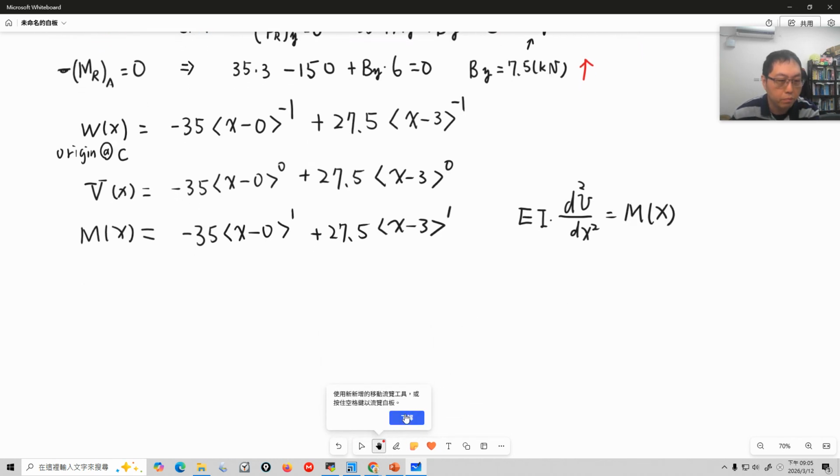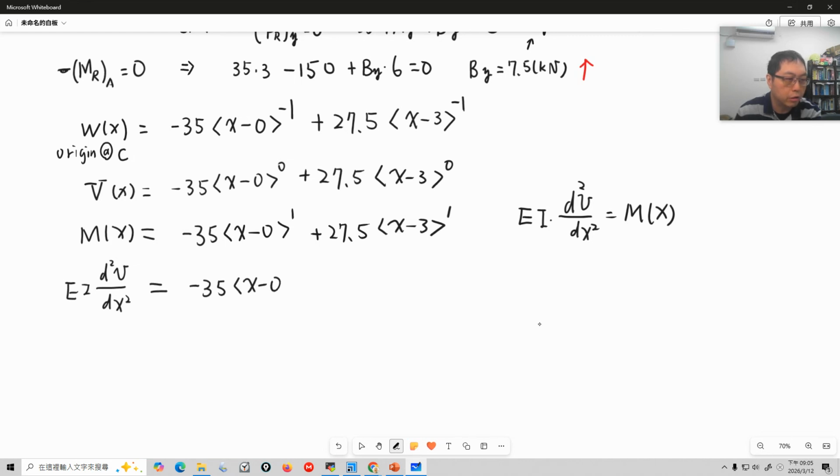So let's write down the differential equation. It's EI times the second derivative of the displacement of the elastic curve equal to minus 35<x - 0>^1 plus 27.5<x - 3>^1.